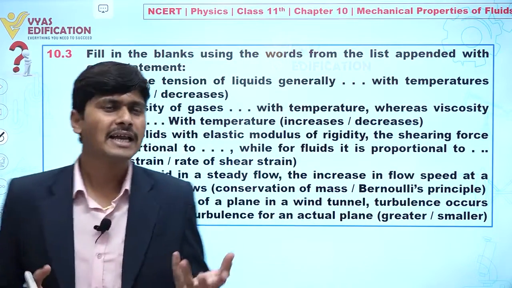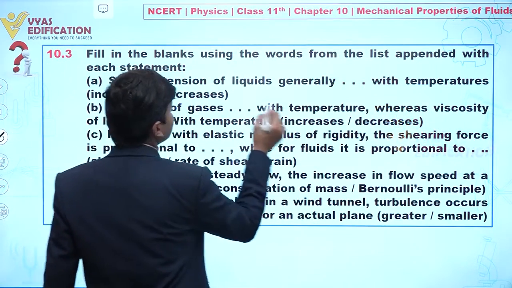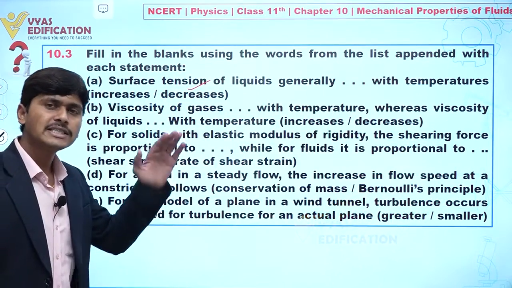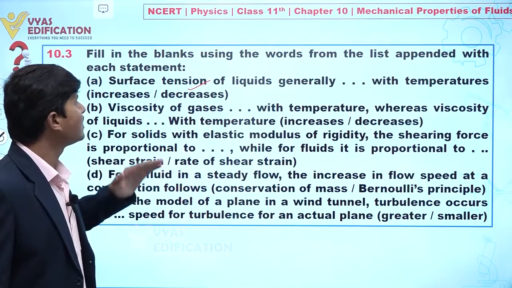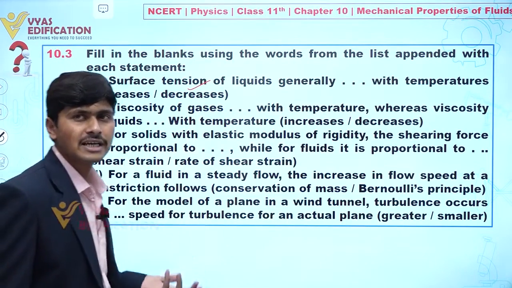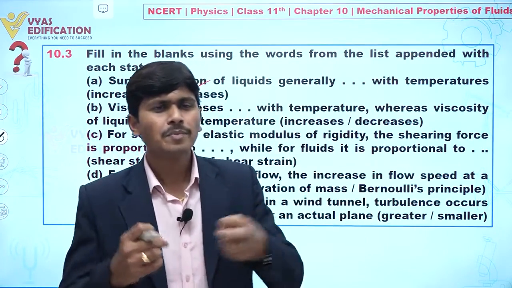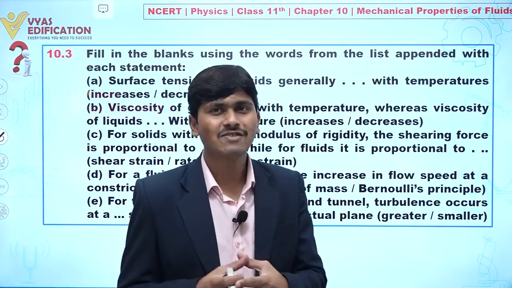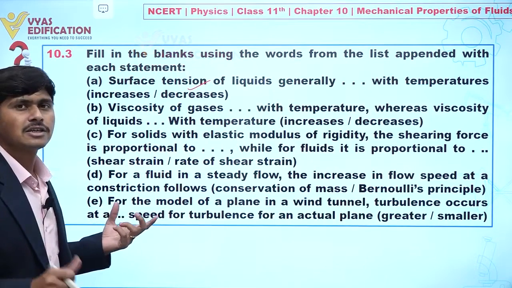So the answer is that the surface tension of a liquid generally decreases with temperature. Why? Because as the temperature increases, the cohesive force between the molecules gets weaker and weaker, which is why surface tension decreases.